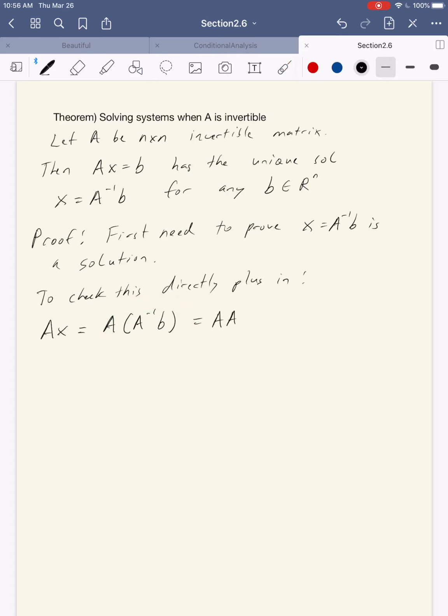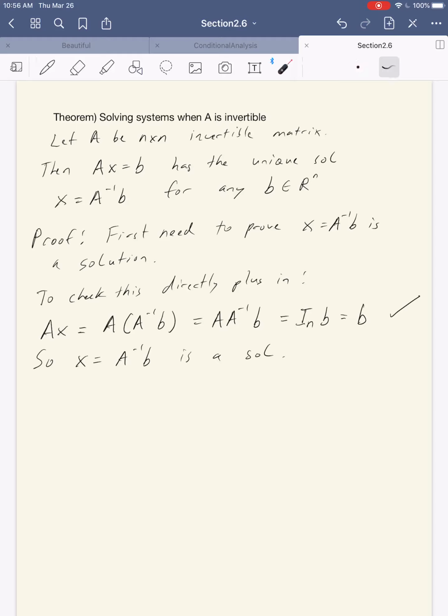So A A inverse B. Then we can notice that A A inverse, by definition of what it means to be an inverse, is actually IN, so IN B. And then by definition, the identity matrix times anything is equal to what it is multiplied by. So this would be equal to B. So we have shown that if we replace X with A inverse B, then it does indeed yield B. So there we go. X equals A inverse B is a solution.